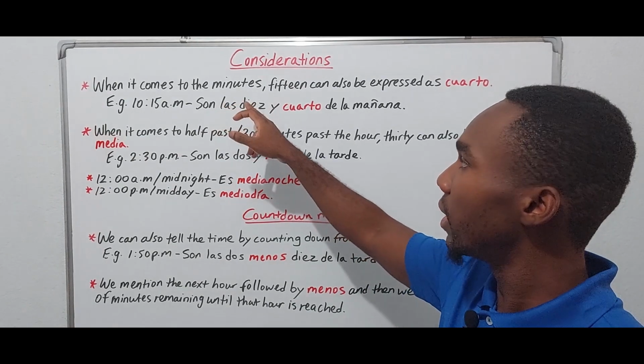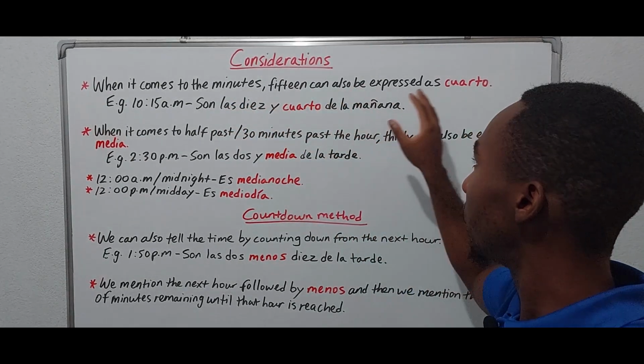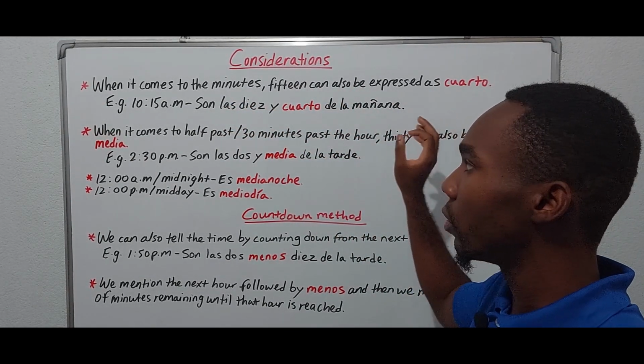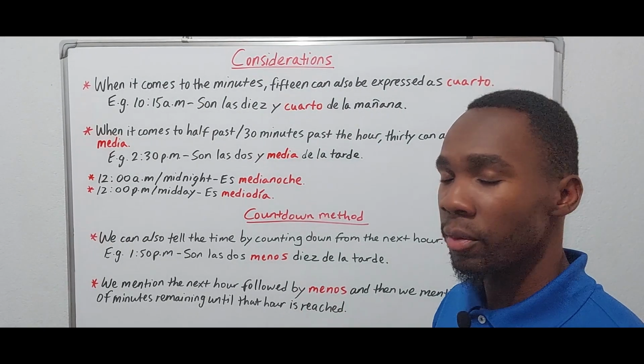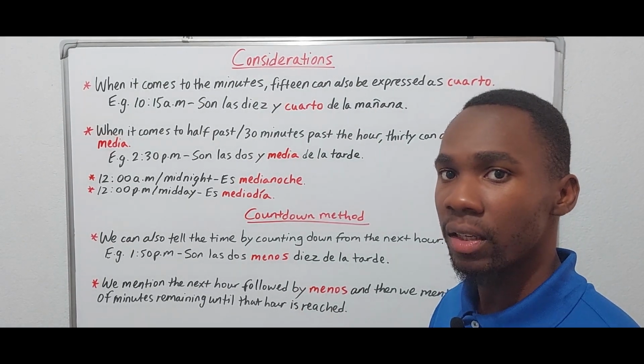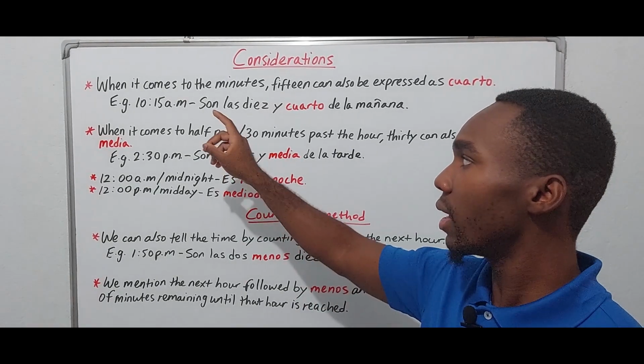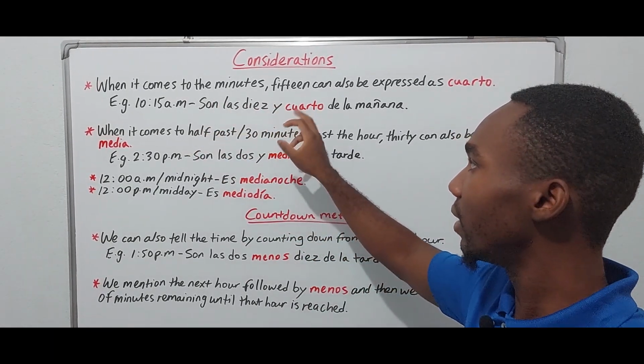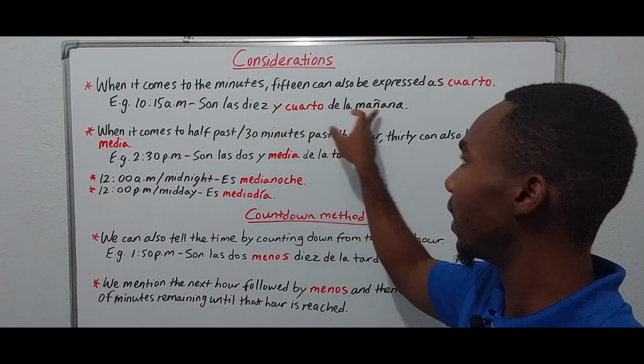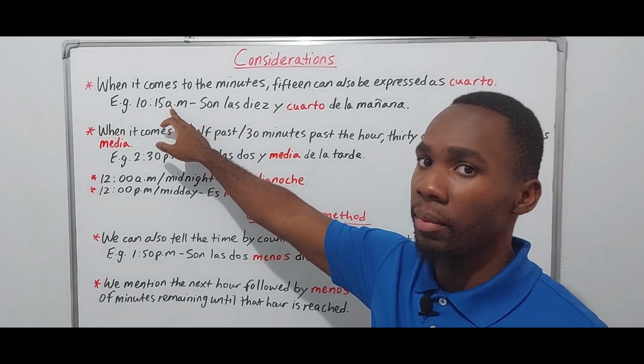So when it comes to the minutes, 15 can also be expressed as cuarto, okay? So, you know, the number for 15 in Spanish is quince, but we could also say cuarto. So, for example, son las 10:15 de la mañana, because you have the time of day marker, right?